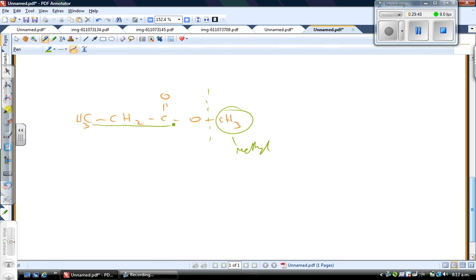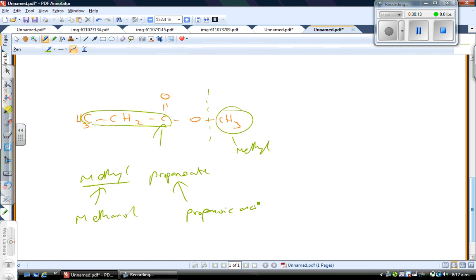Don't forget to include that carbon in your counting. And that's something that students often forget. They forget to count that carbon right there. So this is a 3-carbon ester. So the name is methyl propanoate. And this is telling us that the parent alcohol would have been methanol, and the parent carboxylic acid would have been propanoic acid.